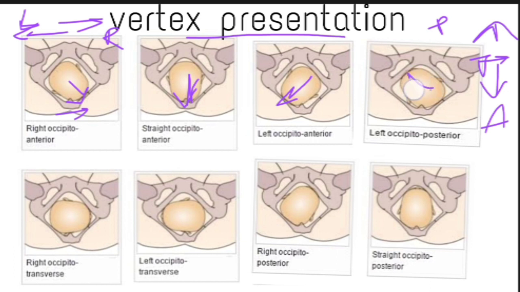Left occipito posterior, it's facing upwards, left side: left occipito posterior. Right occipito posterior, the baby is facing right side and it's facing upwards. Straight occipito posterior. And here right occipito transverse, left occipito transverse. These are the positions that are seen in the vertex presentation.